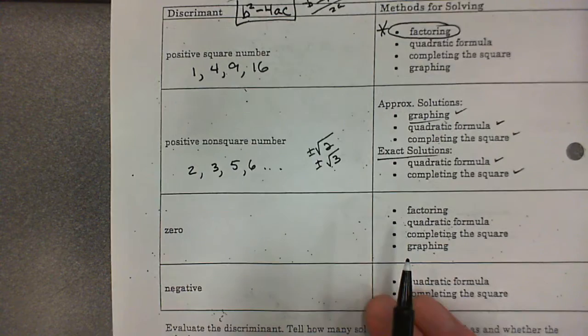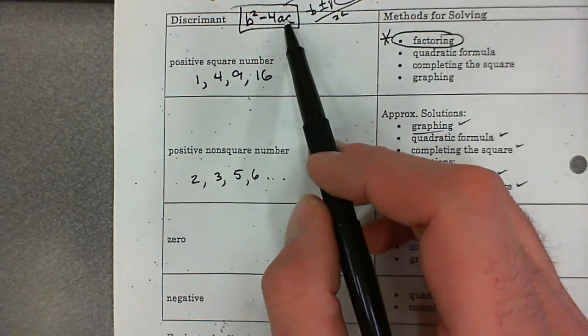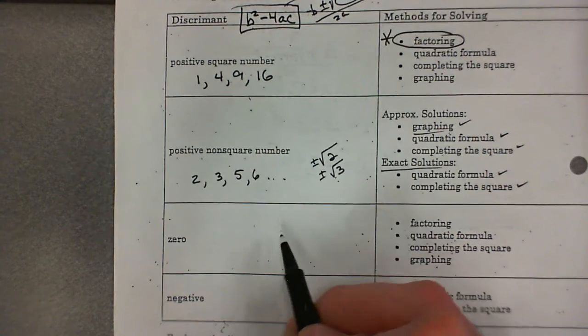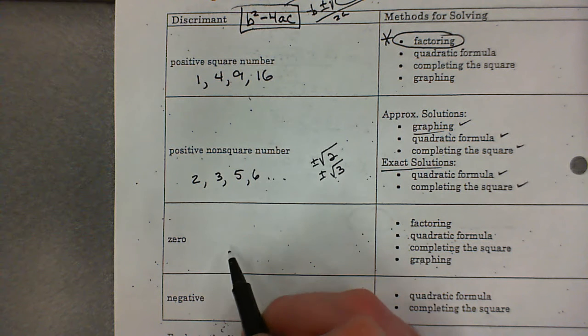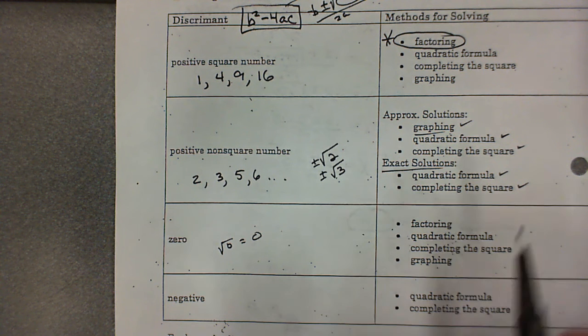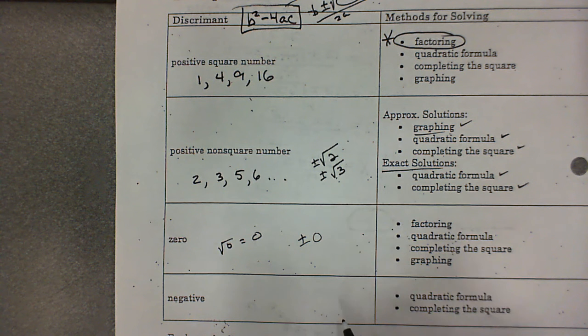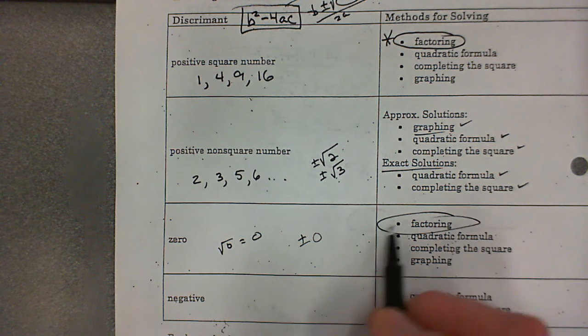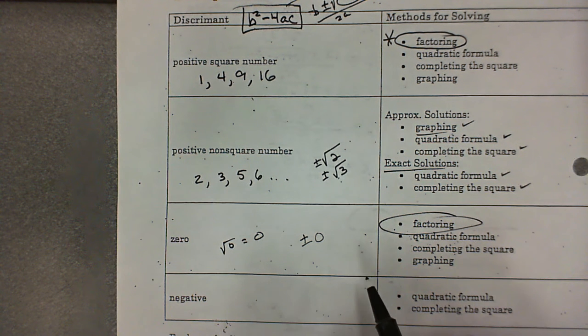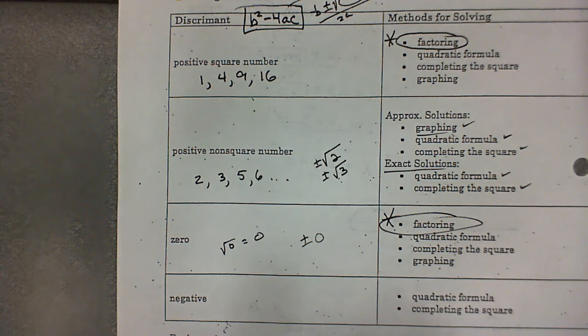Now, what happens if your b squared minus 4ac is actually 0? Well, you'd be taking the square root of 0, which is 0, a really nice number, and you're going to be adding and subtracting 0. That means this should factor nicely, so factoring should be your preferred method there as well.